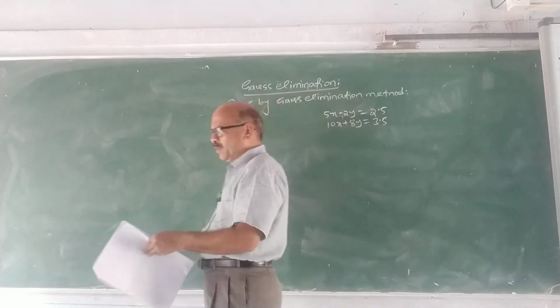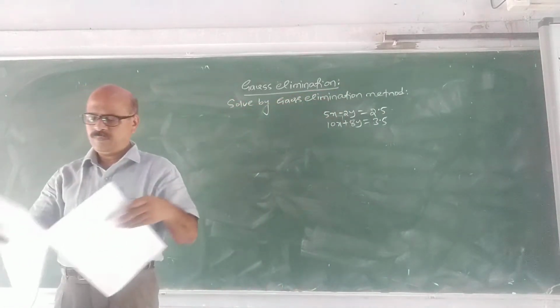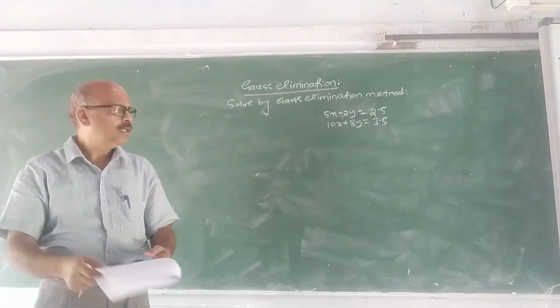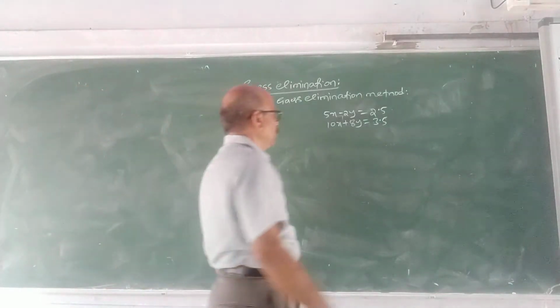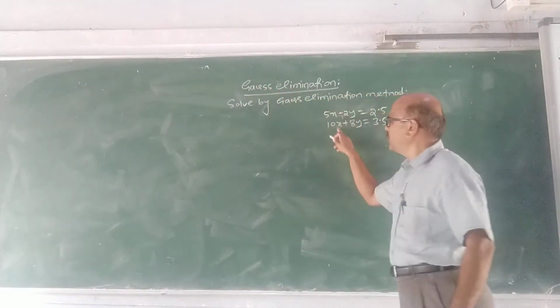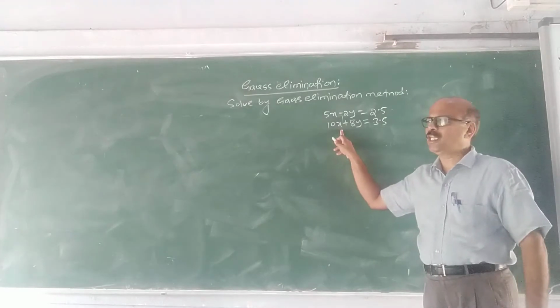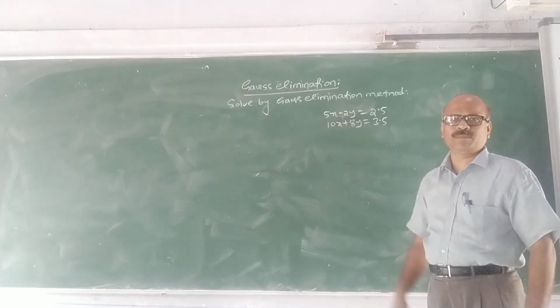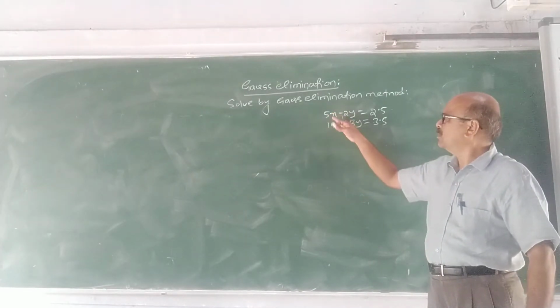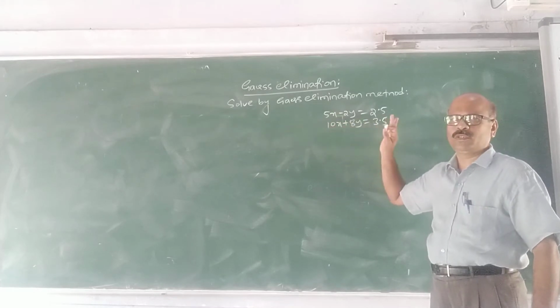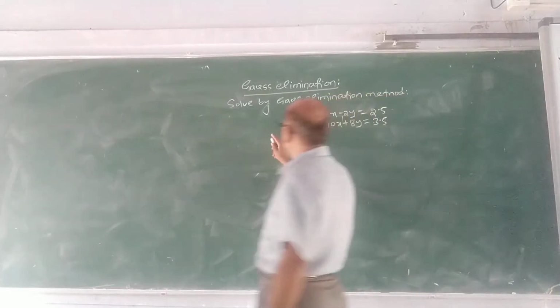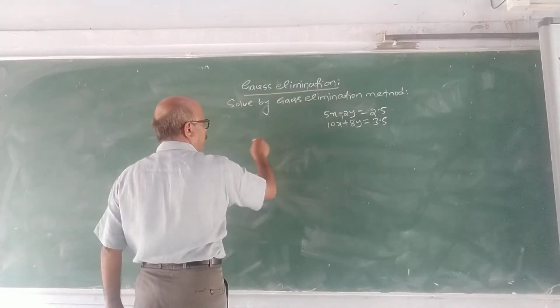See, there are two equations and two unknowns. I explain how we can apply the Gauss elimination method. I have already solved a few problems. Now, with two equations and two unknowns, we form the matrix form.